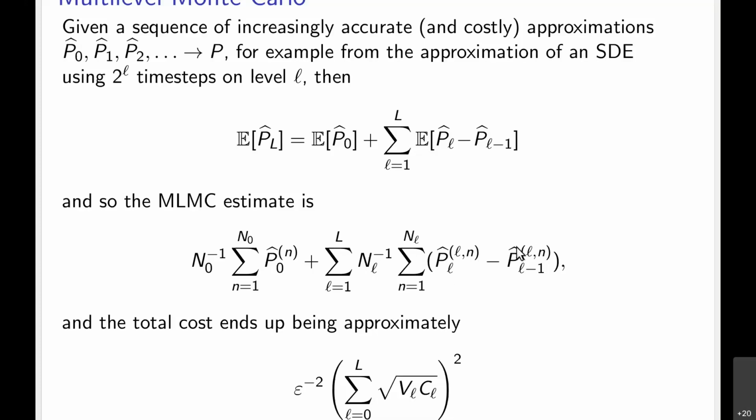So that's the point of having the L. And the fact that we have the same n here corresponds to the fact that we're using, in some sense, the same stochastic sample to simulate both the level L and the level L minus 1 sample.